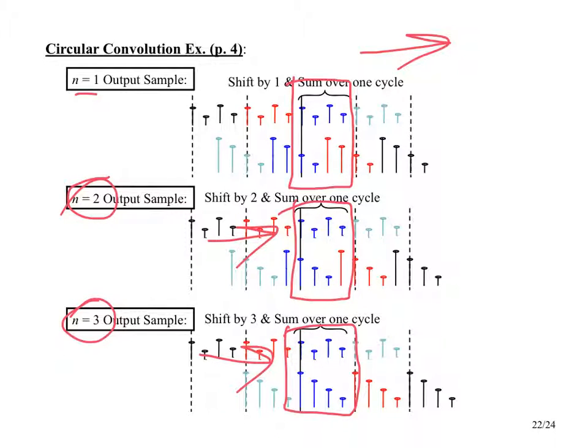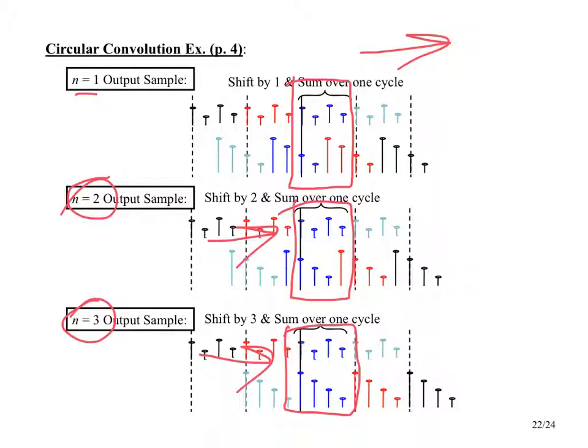Remember, and maybe go back and revisit, think about these 2 signals as finite duration signals with zeros before and zeros after. And do regular linear convolution, and you'll find out that linear convolution ends up with a finite duration signal, but it's longer.